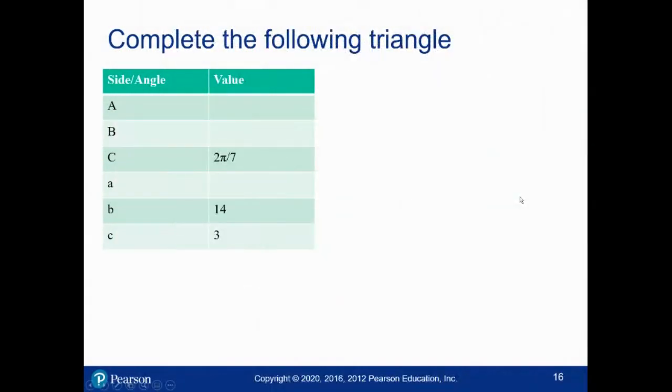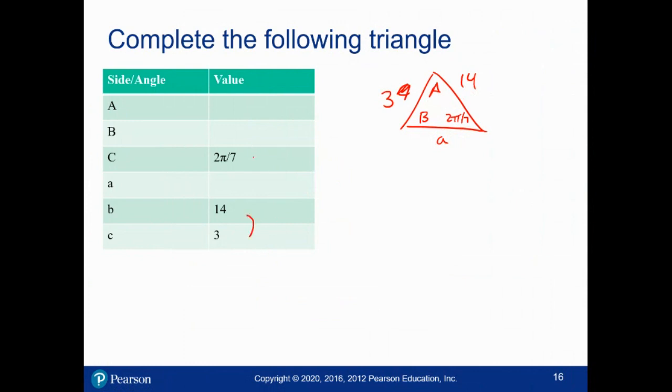One more example. All right, let's fill this in to see what we're looking at. If I call this 14, then here goes the angle B. If I call this 3, then across from it goes the angle C, which I use 2 pi over 7 again. Here's my missing A. Well, again, we've got SSA, which means let's use the law of sines to find the angle that is best suited to it.